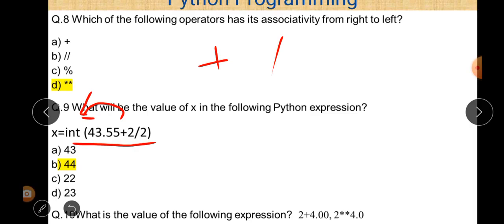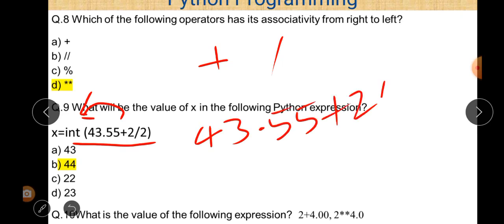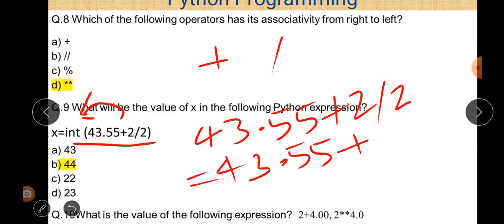So first of all, 2 slash 2 will be evaluated. In this case, 43.55 plus 2 slash 2, we get 43.55 plus 1.0 actually, and we get after that 44.55.